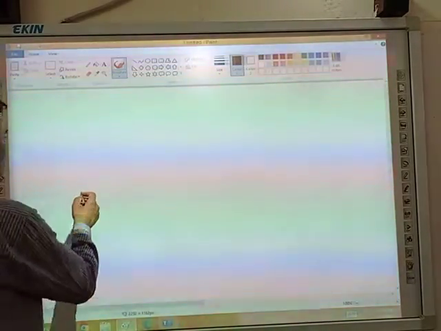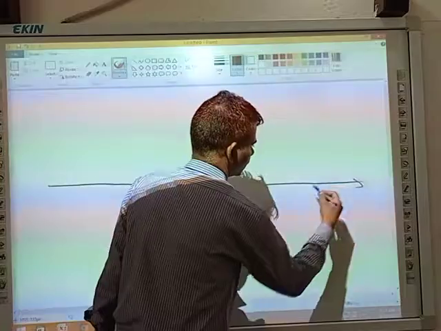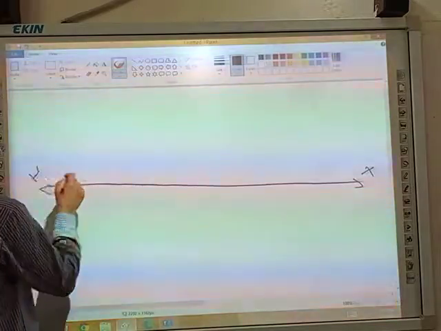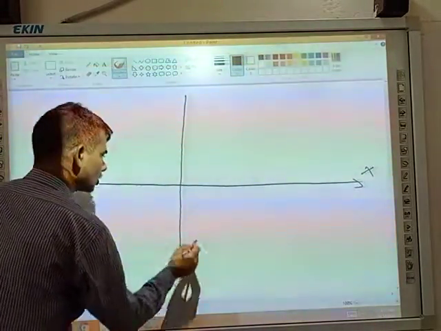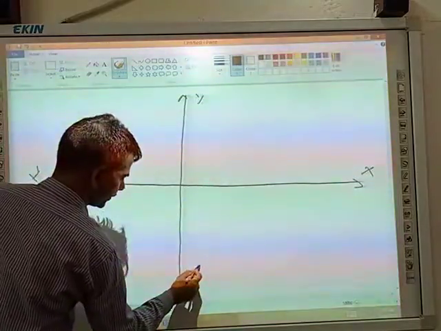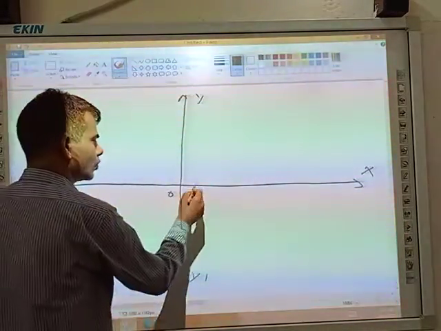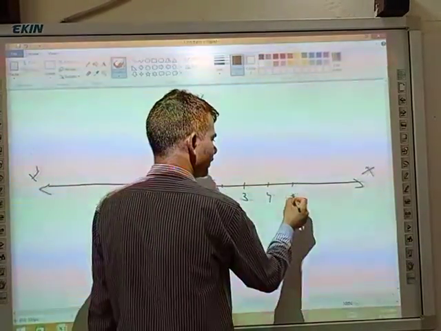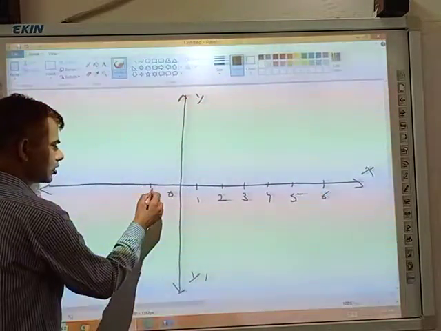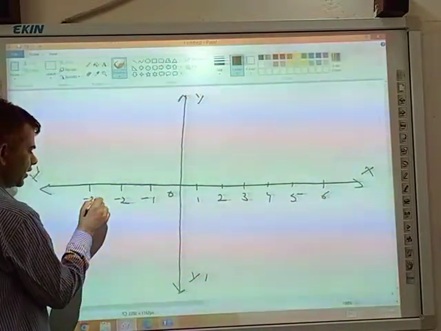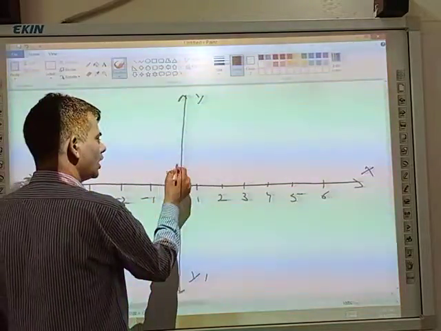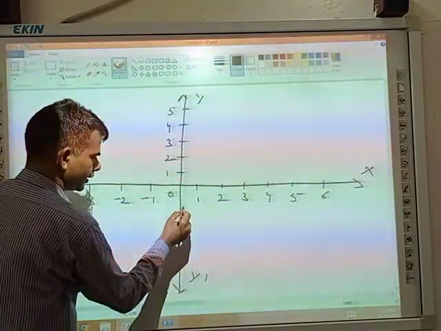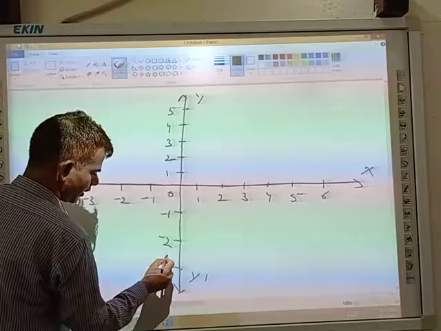Now students, draw the Cartesian plane. X dash, y dash. Mark 1 2 3 4 5 6, and on the negative side minus 1 minus 2 minus 3.